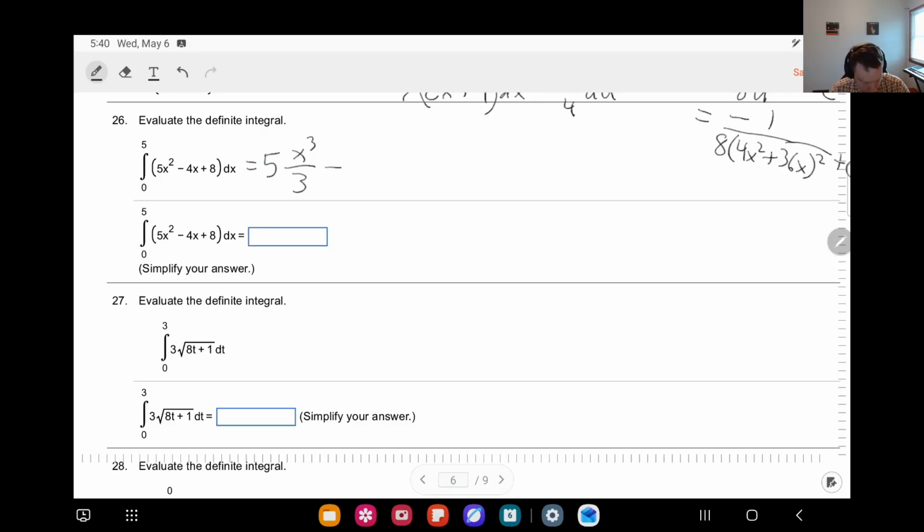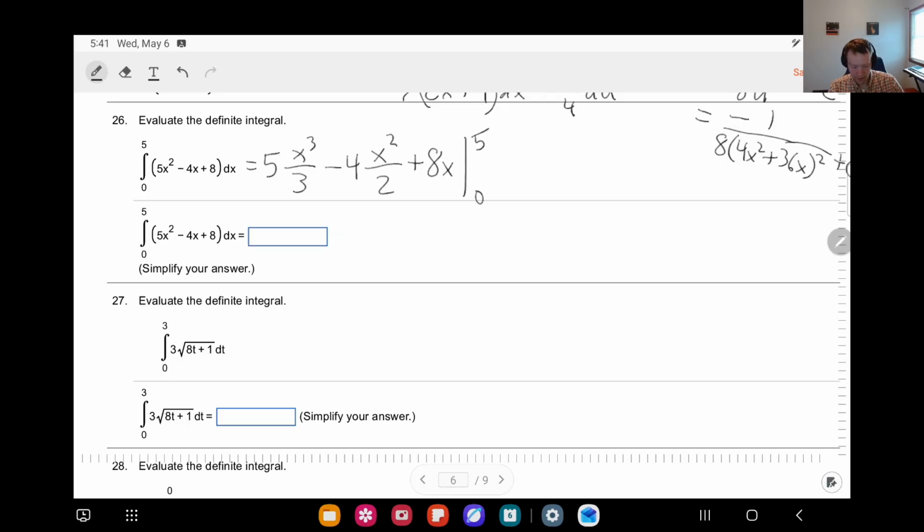Excuse me, that's minus 4x squared over 2 plus 8x, and evaluated between 0 and 5. Remember here, you don't need the plus c because this is a definite integral. The plus c will just cancel out anyway.